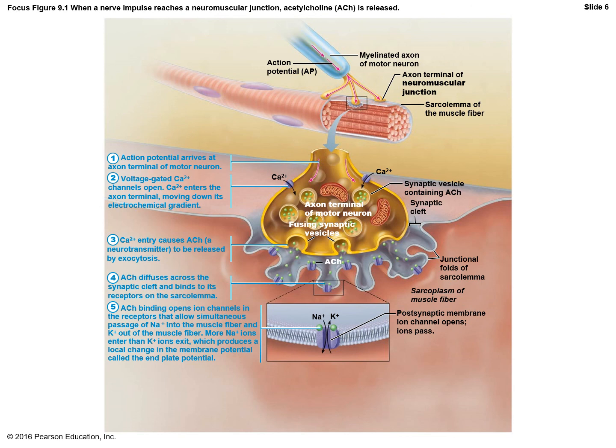So now, once your acetylcholine has bound to the receptors on the muscle side, so it diffused across, it has bound, so here we have this area now enlarged showing that it has bound.